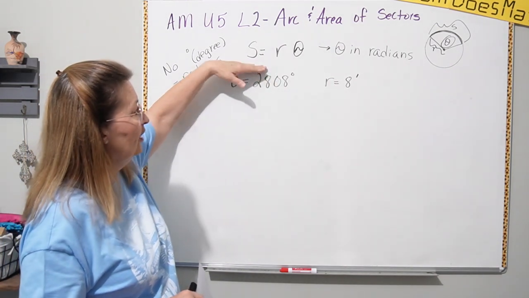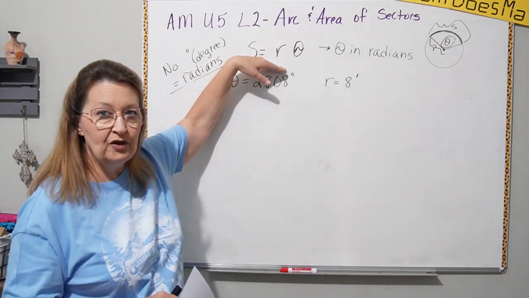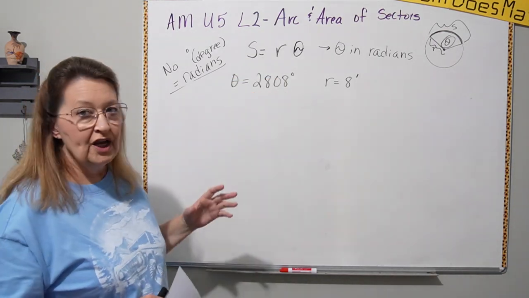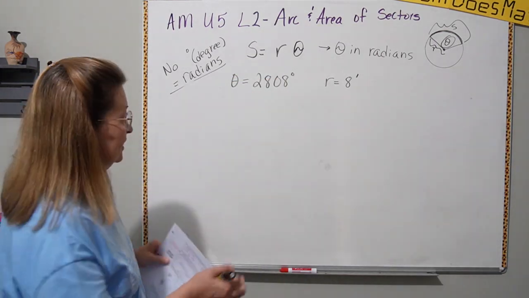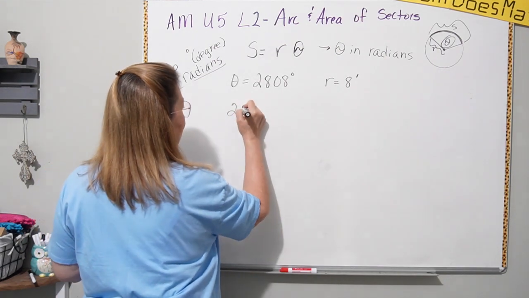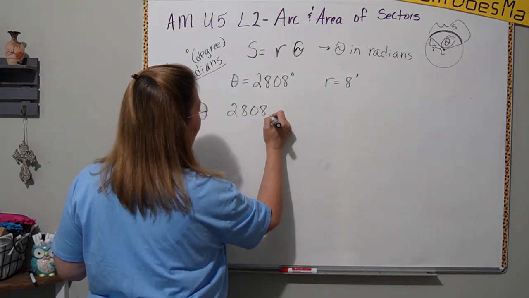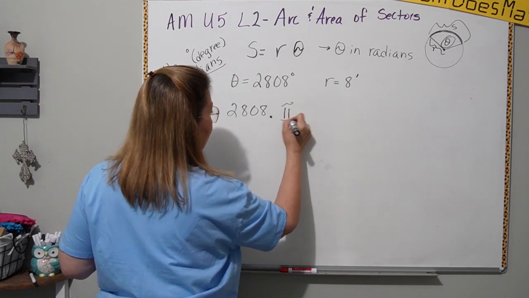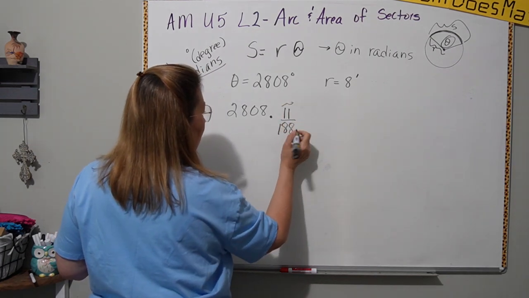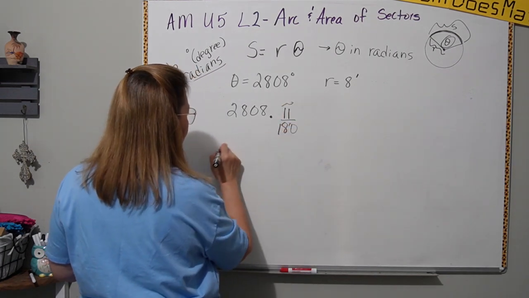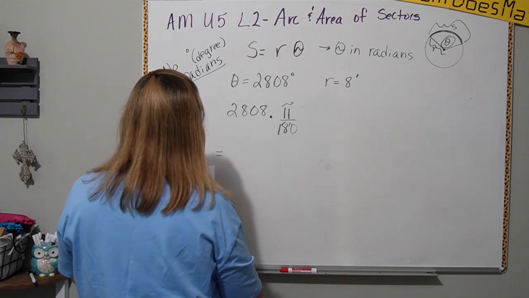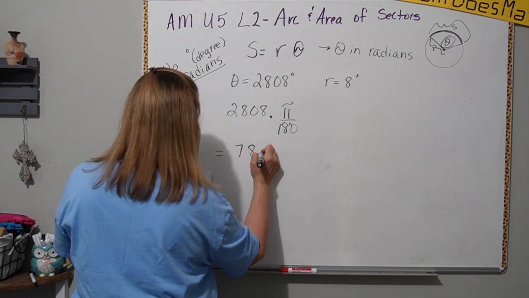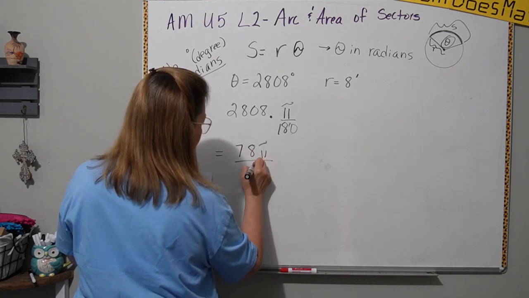So how do we find that out? Well, we're going to use our formula. S is equal to R theta. All right, first I need to change degrees to radians. So I'm going to take 2808, and I'm going to multiply that times, if you're going to radians, the pi goes on top. Okay, now when you do the math, that's going to get you 78 pi over 5.